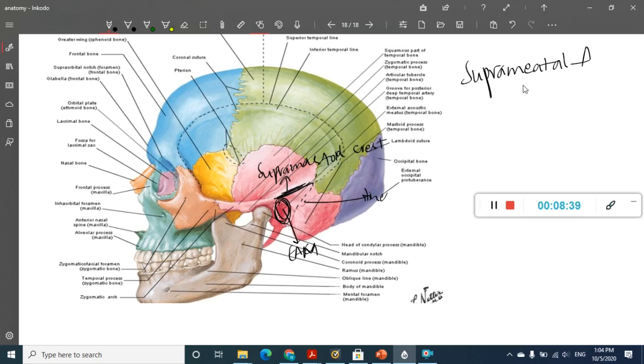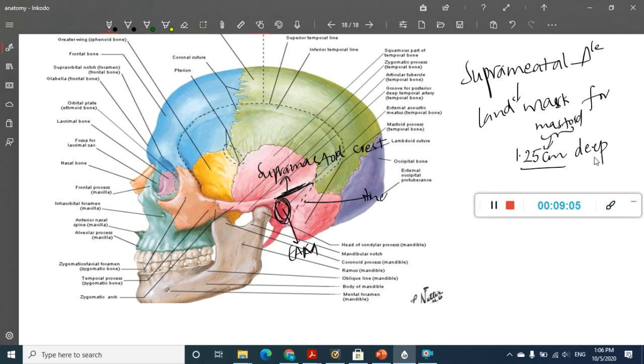Okay, so this is the suprameatal triangle, and this suprameatal triangle is the landmark for mastoid surgeries. Why? The mastoid is present 1.25 centimeters deep to this triangle. This number is important.